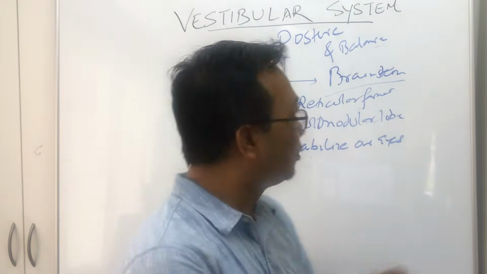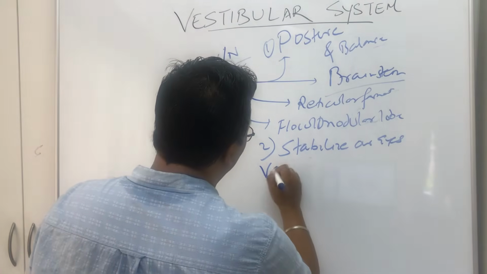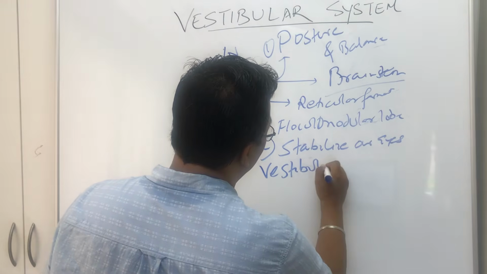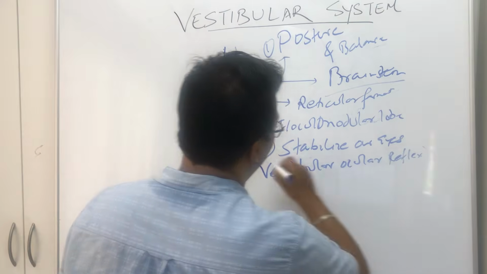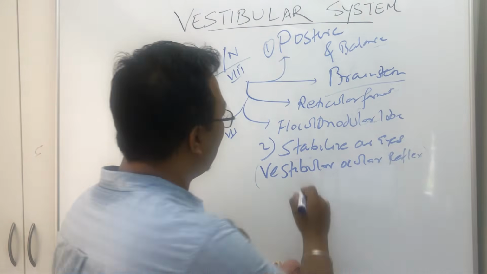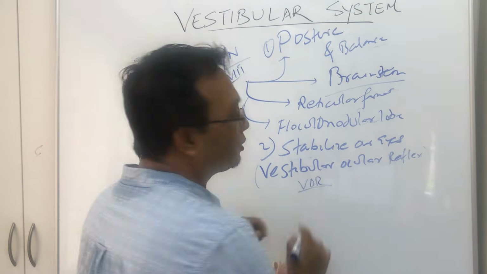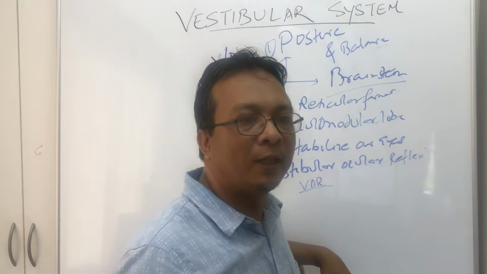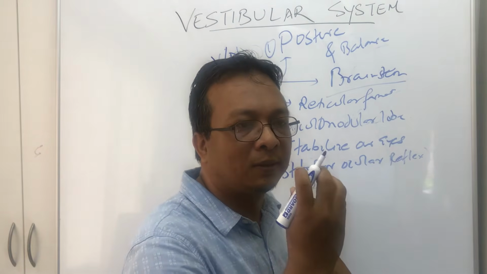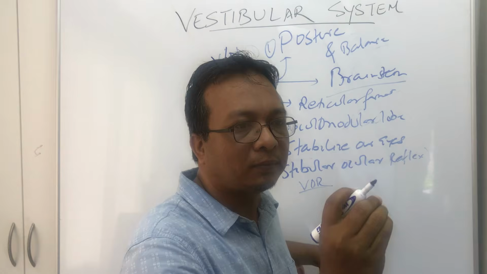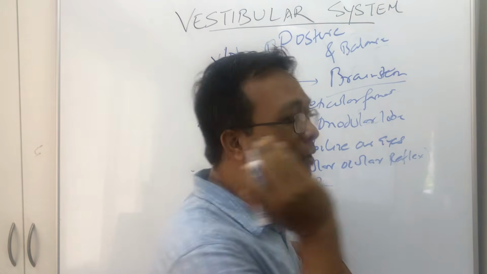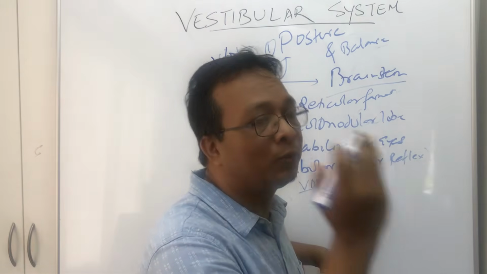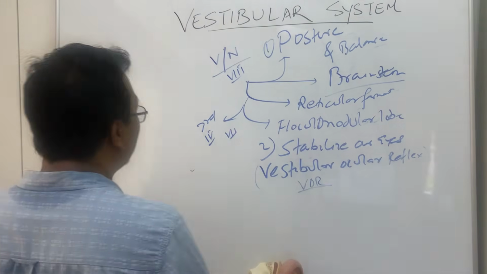So to avoid that, we have a reflex called the vestibulo-ocular reflex, VOR. This VOR stabilizes our eyes. It makes our gaze fixed. So due to this reflex, when our head moves to the left, our eyeballs move to the right.